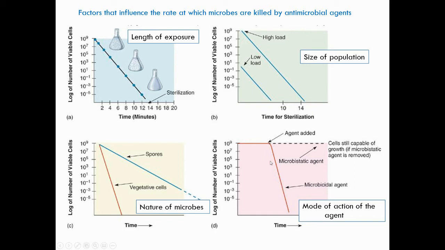It happens over long exposure. And so if I reduce the time of exposure, it's only microbistatic. And once I've removed that item, the microbes will continue to replicate. So I have to know how long before it's effective as a microbicidal agent. And then the nature, if I have spores, they are a lot more difficult to kill than vegetative cells, so it takes longer.